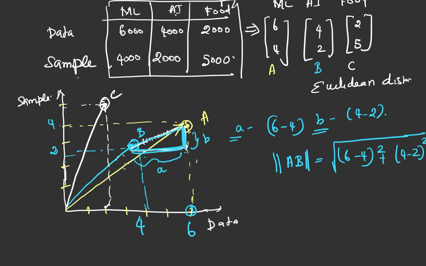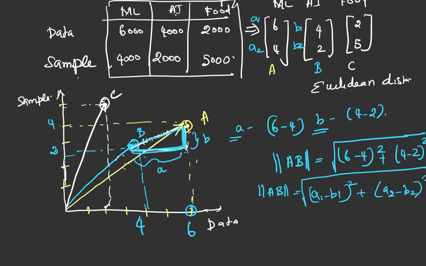What is the 6? The first point. Maybe we can call this A1, A2 and this one B1 and B2. So when you generalize, this formula becomes the norm of AB is equal to the square root of A1 minus B1 the whole square plus A2 minus B2 the whole square.